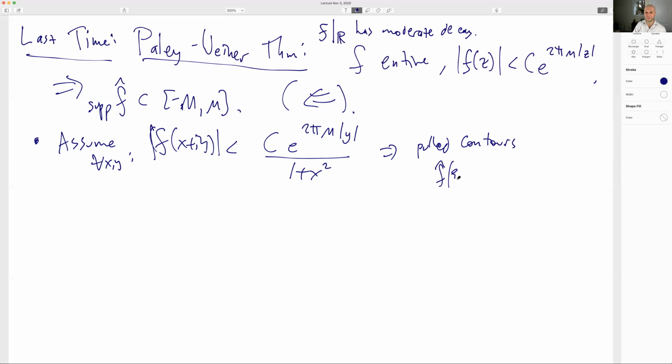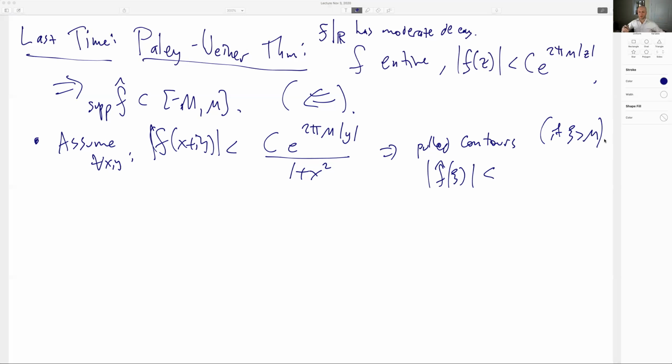so we got a bound for f hat of xi. If, let's say, xi is bigger than m, then we pulled contours up or down. Maybe it was down. We got exponential decay as soon as y was bigger than m, but we can pull y all the way down, and we can pull contours so these end bits go to 0 because we have moderate decay in x.